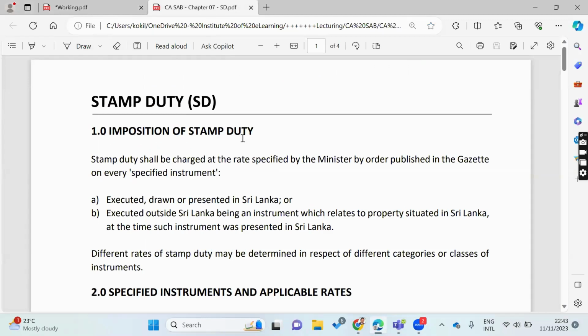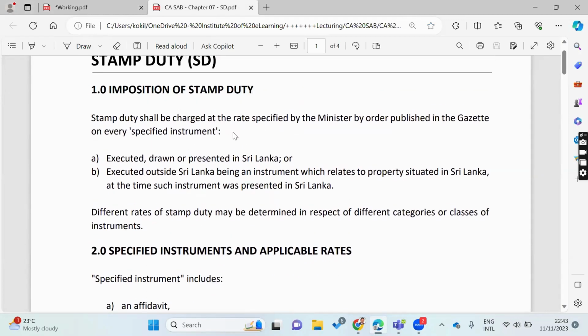So here, stamp duty shall be charged at the rate specified by the minister as published in the Gazette notification on specified instruments. And a specified instrument is liable when we are executing it in Sri Lanka, or executed outside Sri Lanka, being an instrument related to property situated in Sri Lanka, or any other instrument executed, such as loan, auction, affidavit, settlement, likewise, right?